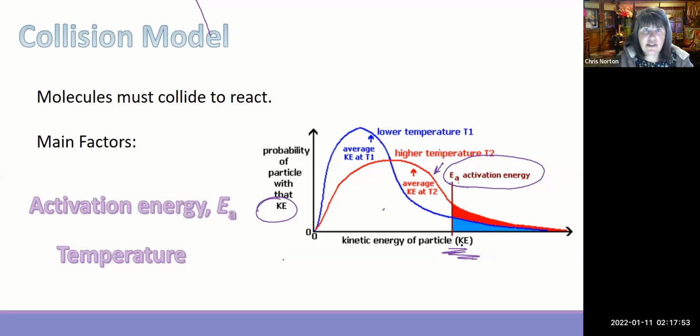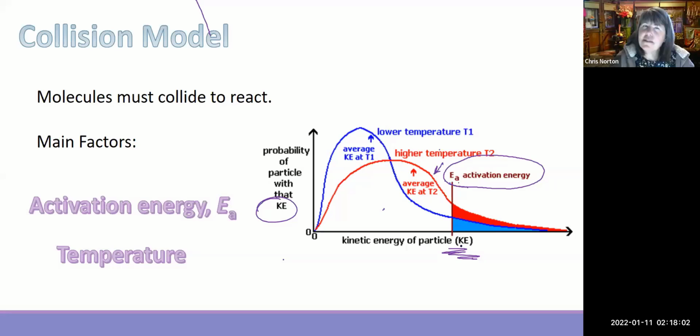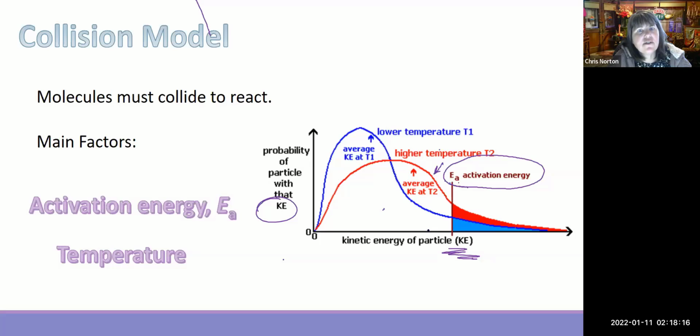What does increasing the temperature cause? It would increase the probability that you reach the threshold. For those of you in calculus, look under the curve. Does pre-calc talk about the area under the curve?